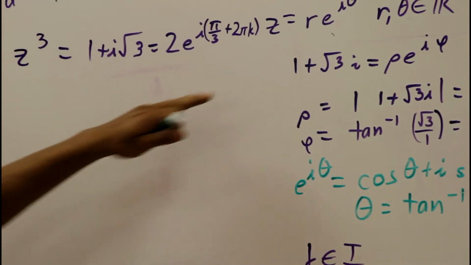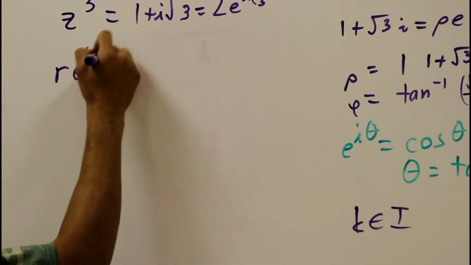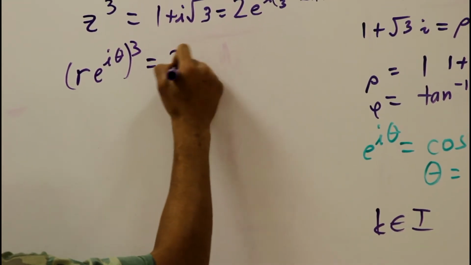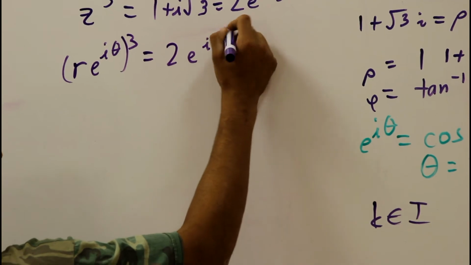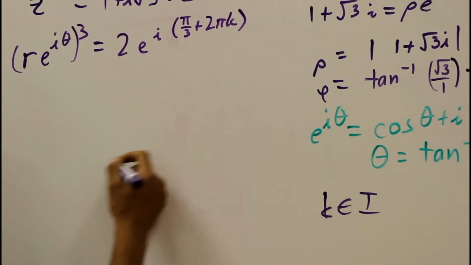Rewriting z as r e to the i theta down here, we have r e to the i theta cubed is this 2 e to the i pi thirds plus 2 pi k.